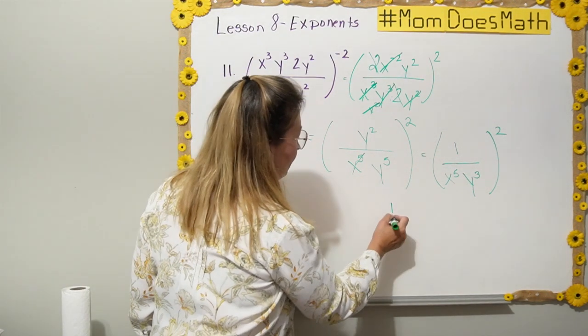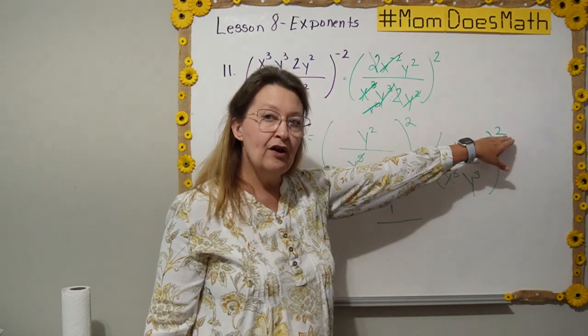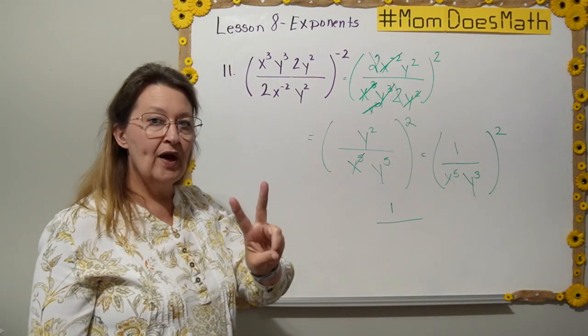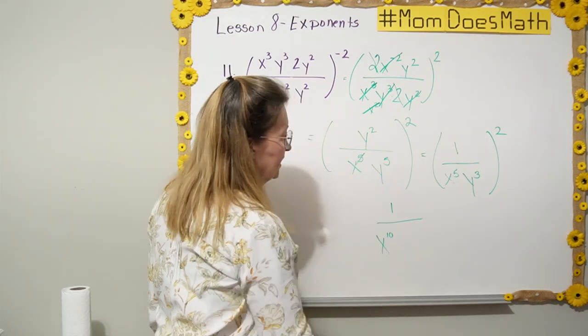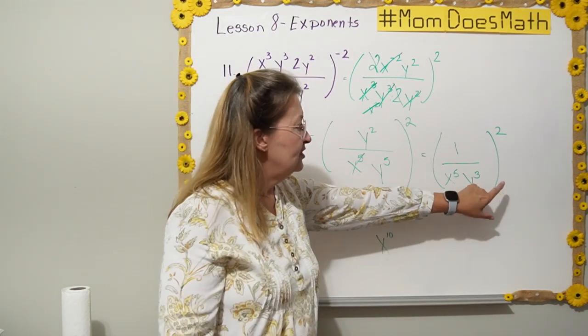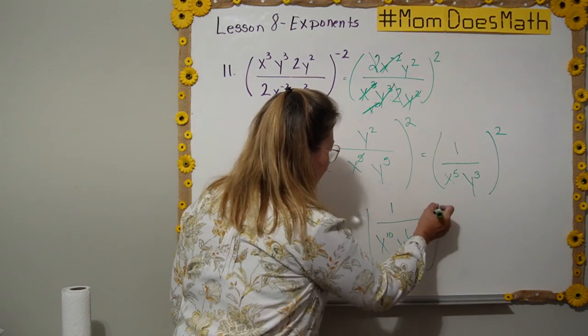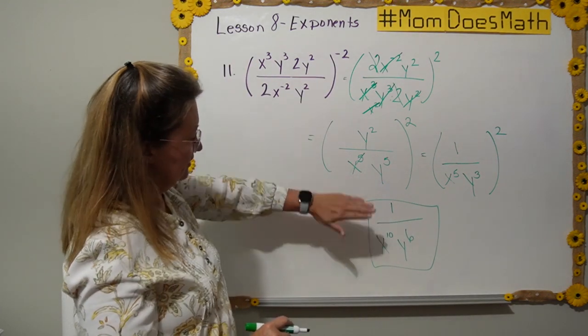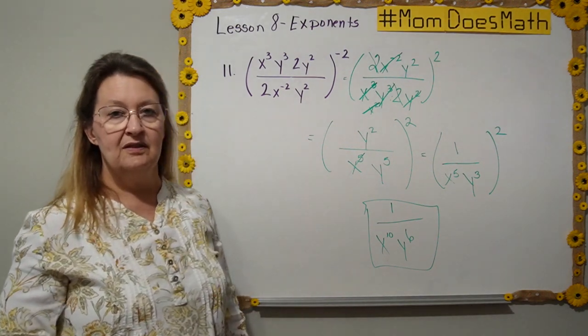So 1 squared is 1. X to the fifth squared, 1 base, 2 exponents, you multiply, so that's going to be x to the 10th. 1 base, 2 exponents, y to the 6th, okay? So all of this simplified down to 1 over x to the 10th, y to the 6th.